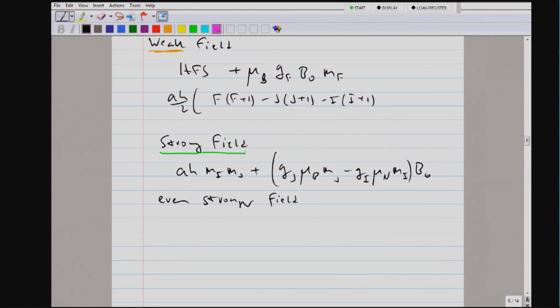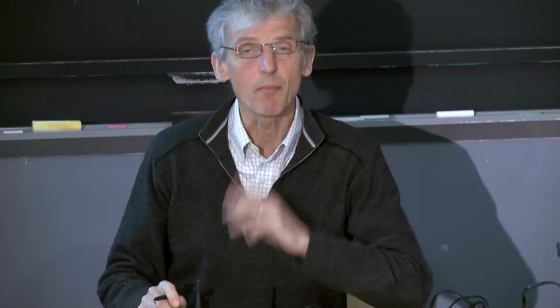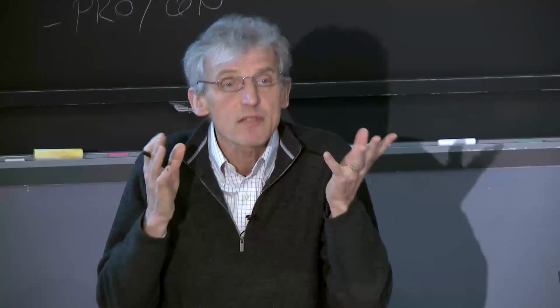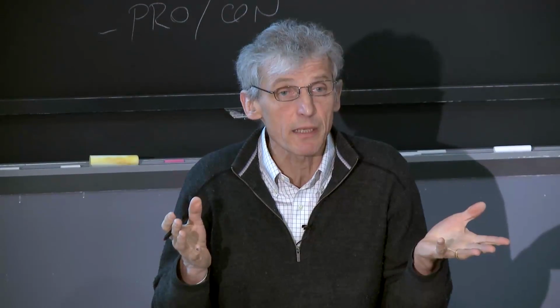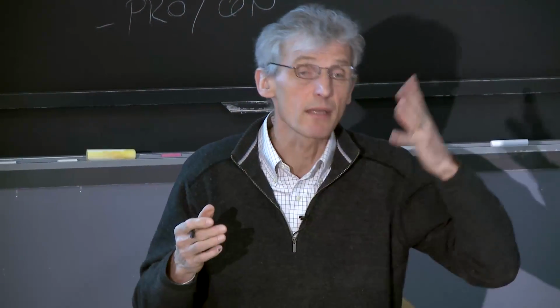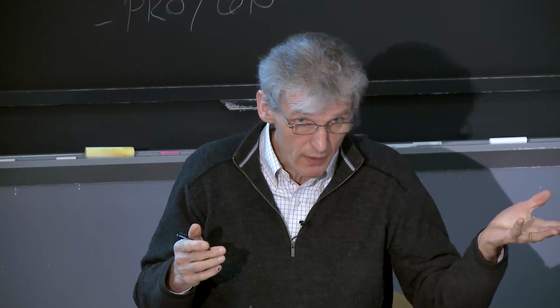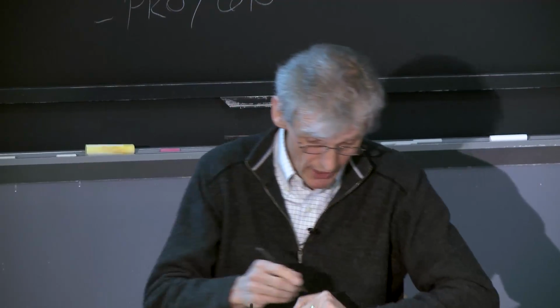Well, when we go to even stronger fields, then we may have fields which are even stronger than the fine structure coupling, the coupling of the orbital angular momentum of the electron and the spin angular momentum to j.